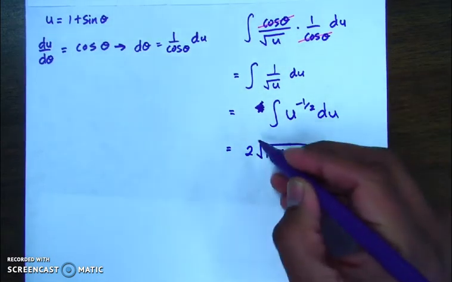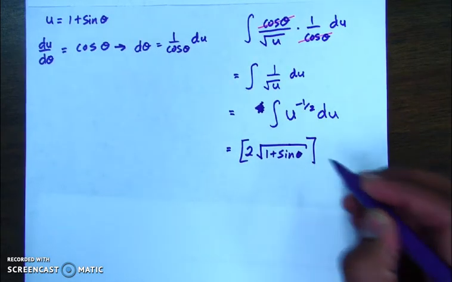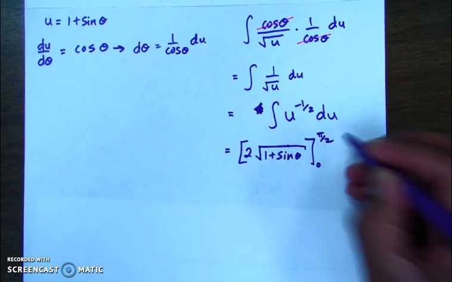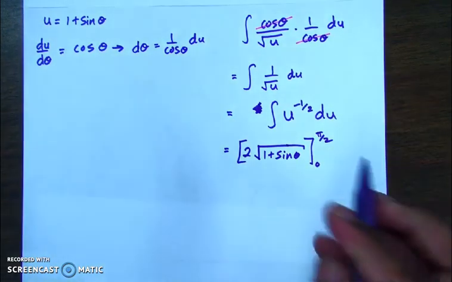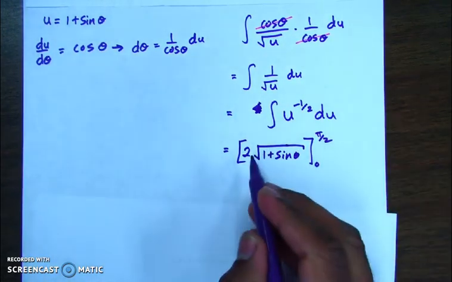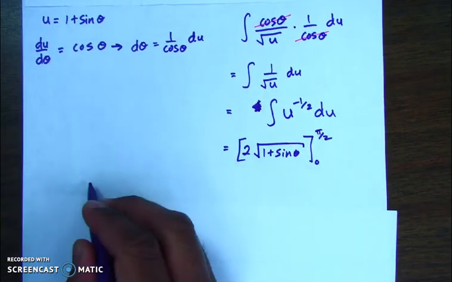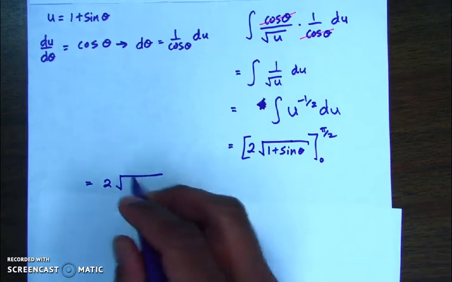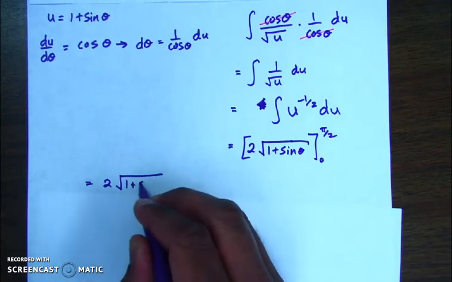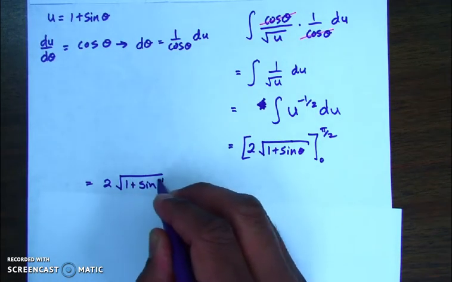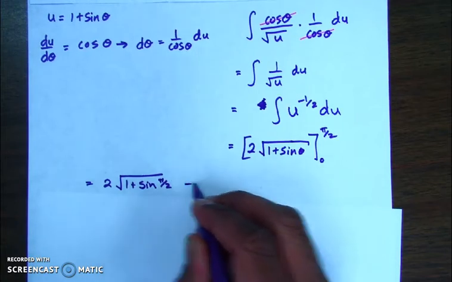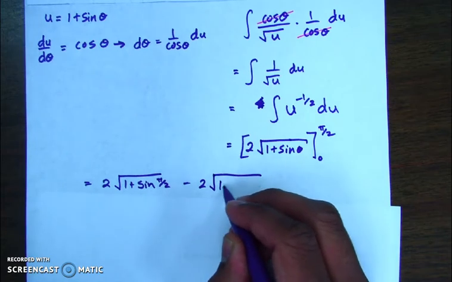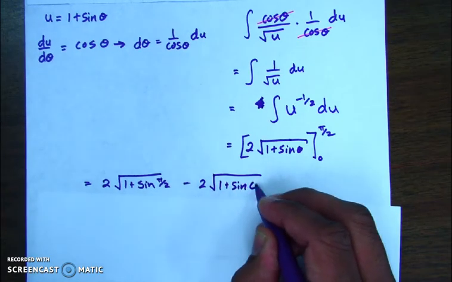Now that I have integrated, I have from 0 to pi over 2. So what I'm going to do is 2 times the square root of 1 plus sine of pi over 2, minus 2 times the square root of 1 plus sine of 0.